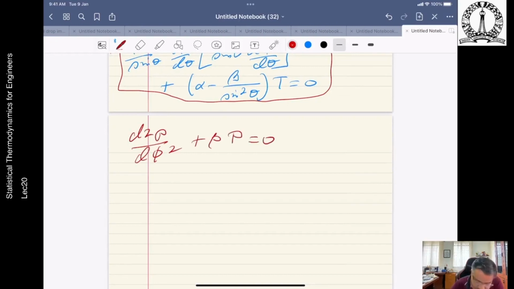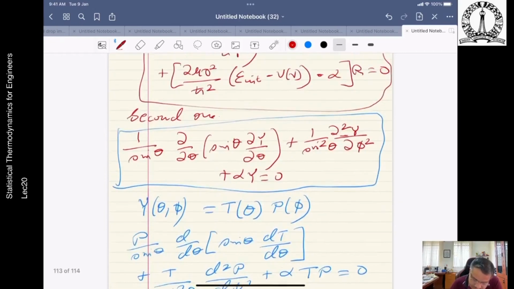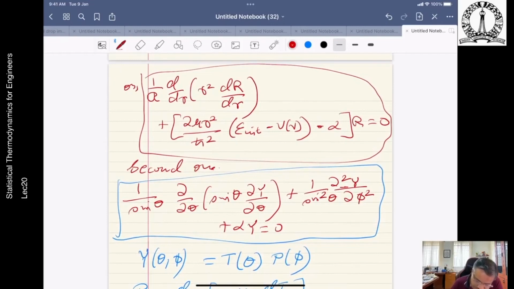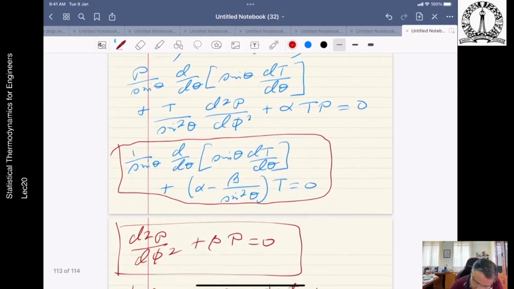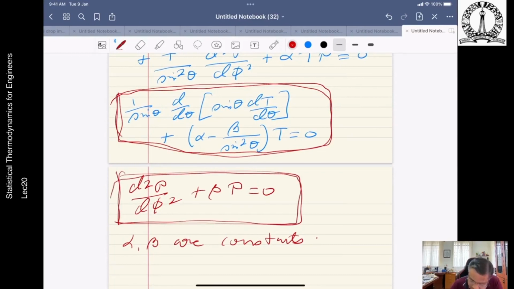So as you can see, this is the third one. So as you can see, alpha and beta are constants. So how many equations did we get? We got this expression, which was a function of r. Then we got this expression, which was a function of theta, and this expression, which was a function of phi, because of r, theta, phi.